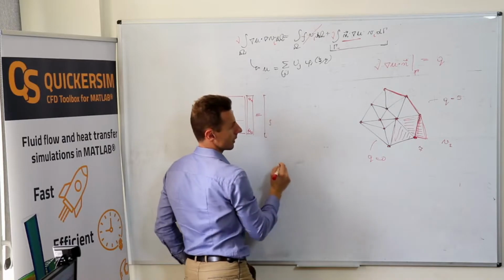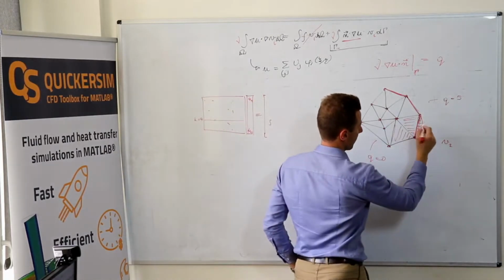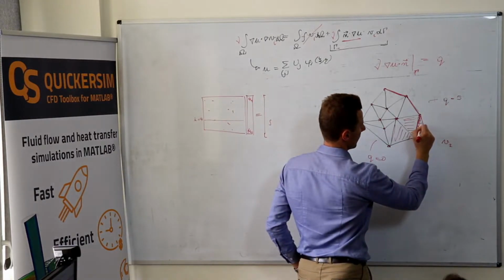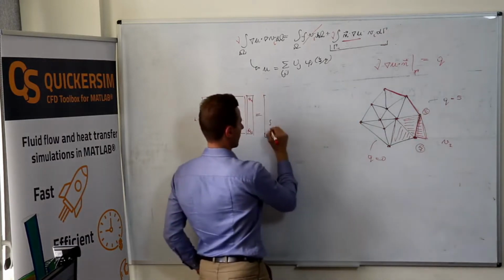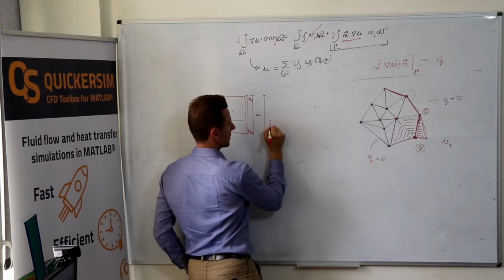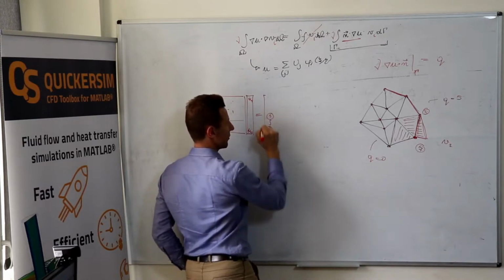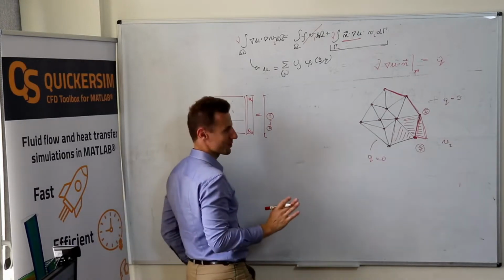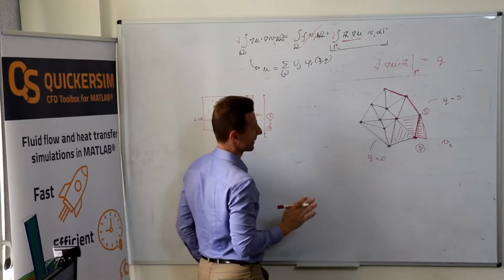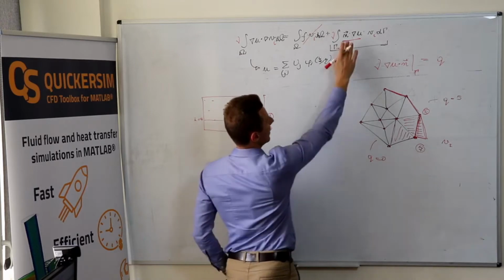So let me write, well, whatever it should be. Let's call 5. You will understand from 7 to 5. Obviously, these are not values. But along this edge, you need to calculate the integral along this edge.